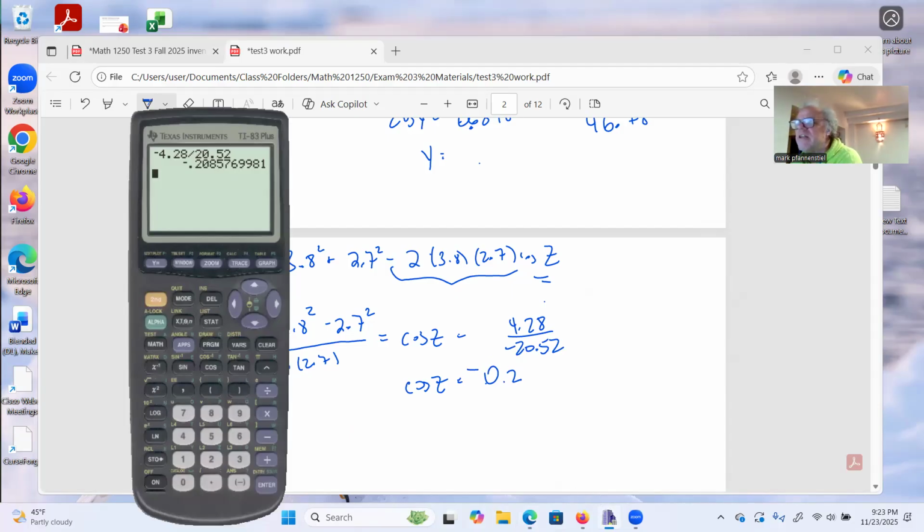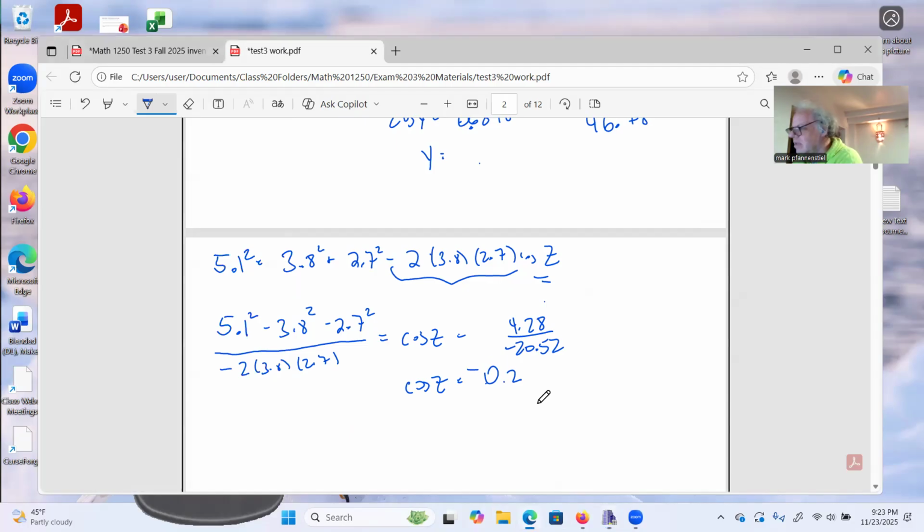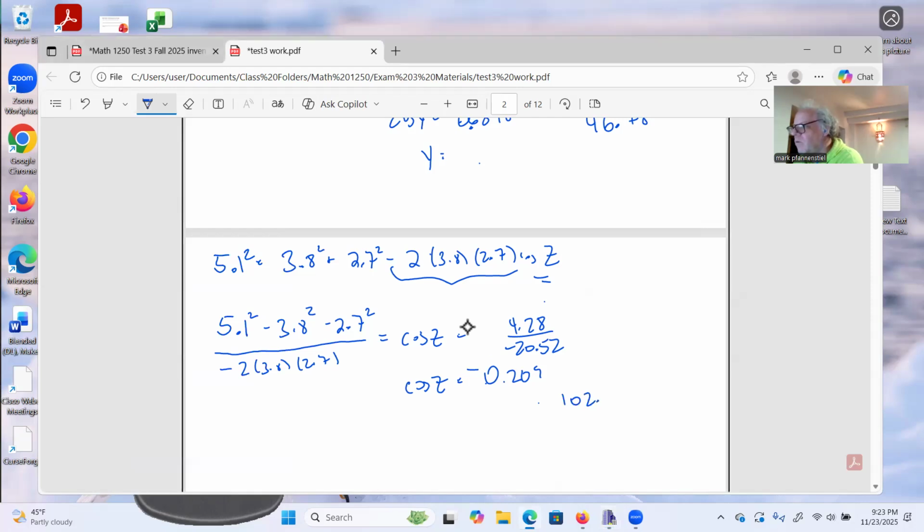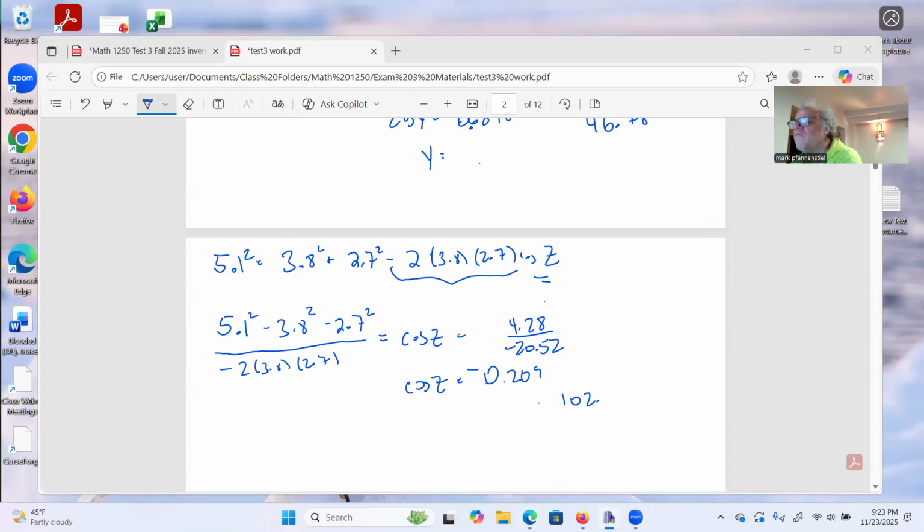The last thing we're going to do here: second function cosine, second function answer, and that's my value for this. I ended up with 102.04 degrees.